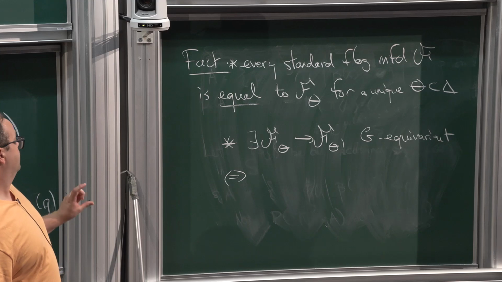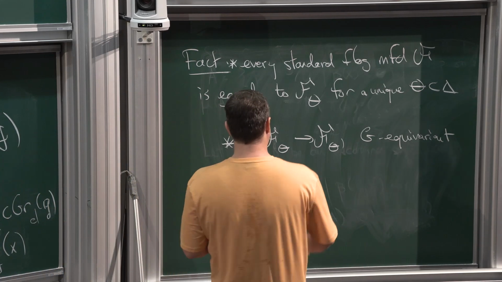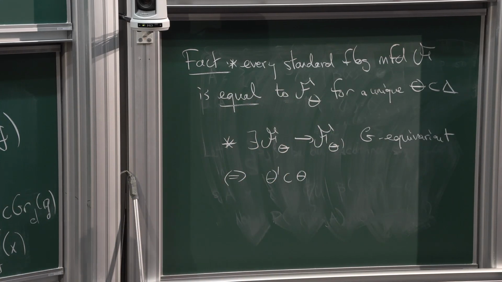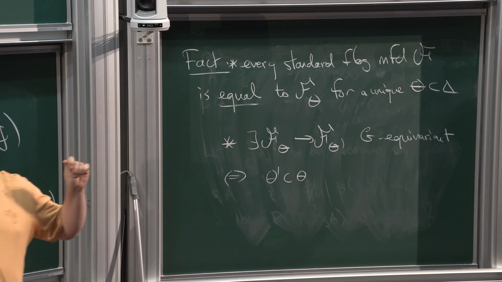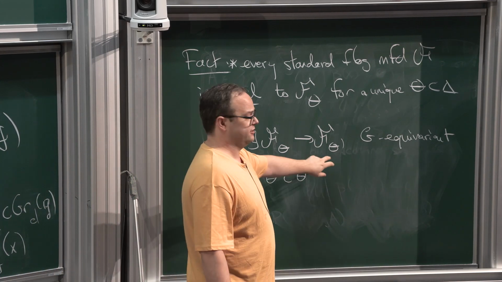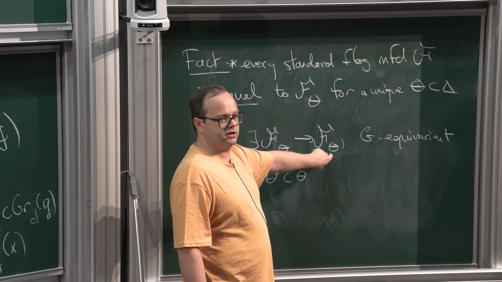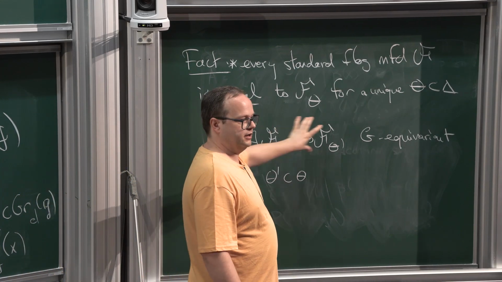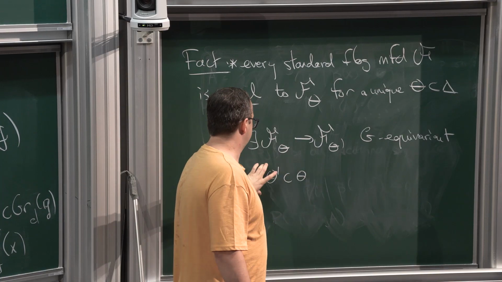This is equivalent to having theta prime included in theta. Right? If you think of SLN, take the two extreme examples: take theta to be the whole delta. Then your flag manifold will be the full flag manifold. And you take theta prime to be, say, the one corresponding to projective space, just one Grassmannian in general, so just one element here. And you'll always have these projections from the full flag manifold to any Grassmannian. It does mean that this smaller set here is included in theta.